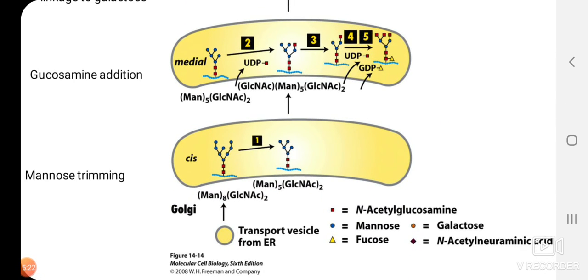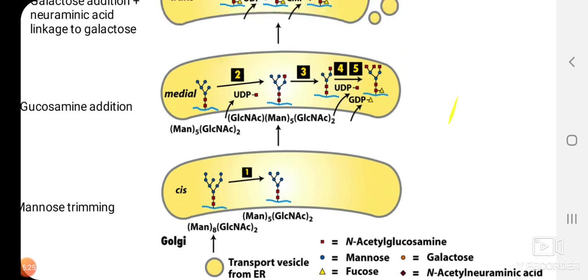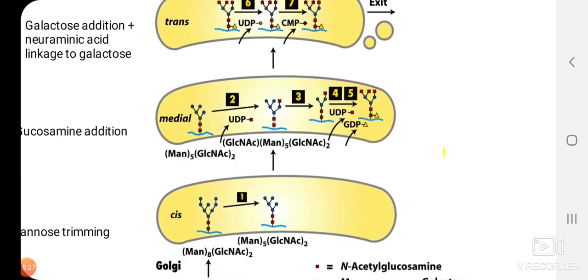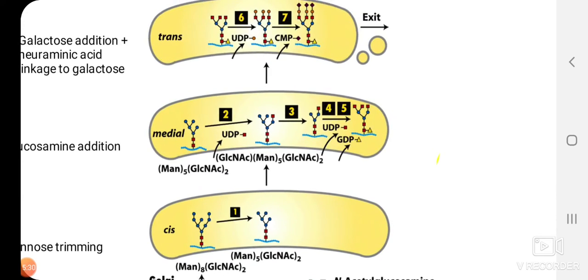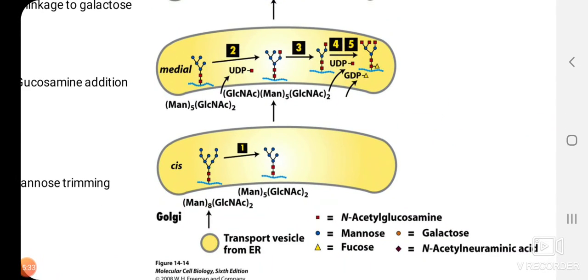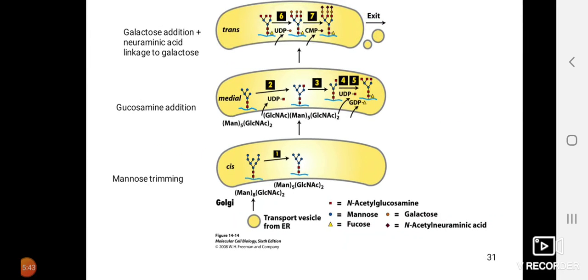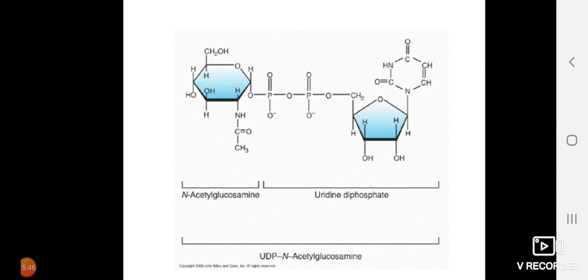In this process, all the addition of sugar happens in the form of nucleotide sugars, either monophosphates or diphosphates, or even sometimes triphosphates. You can see here UDP N-acetyl glucosamine, which is a particular sugar substrate: uridine diphosphate N-acetyl glucosamine.